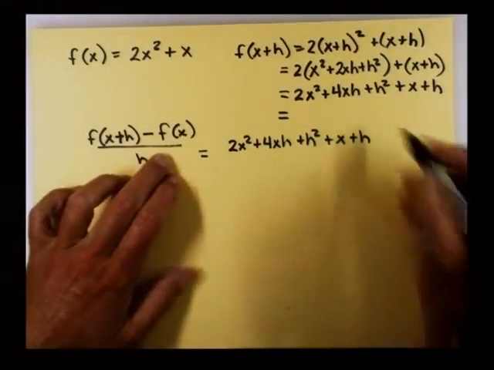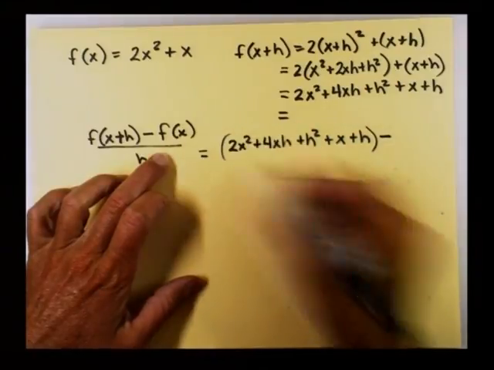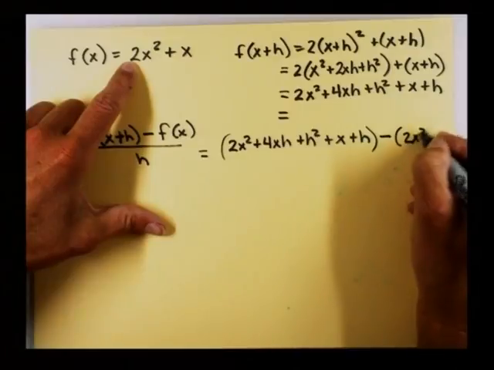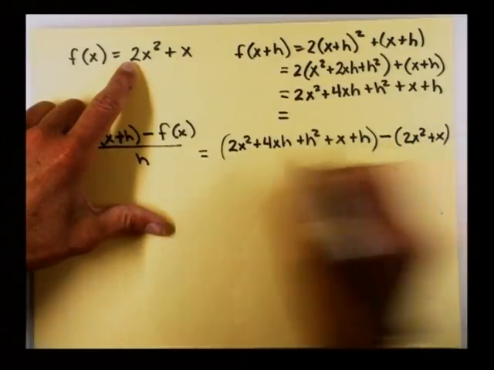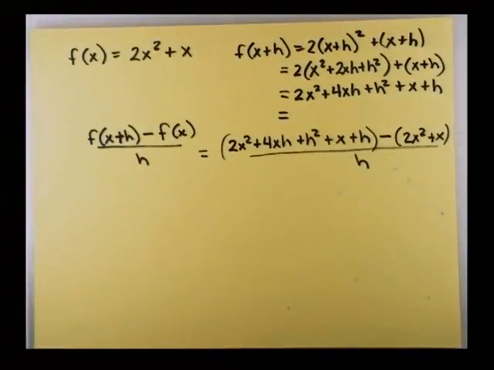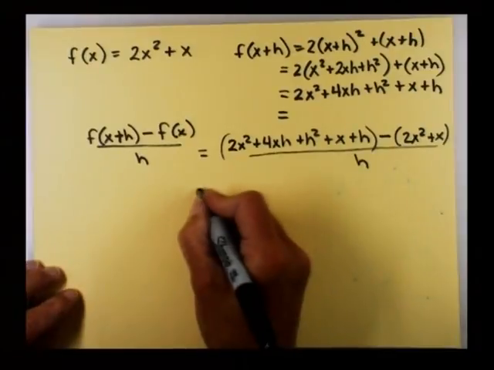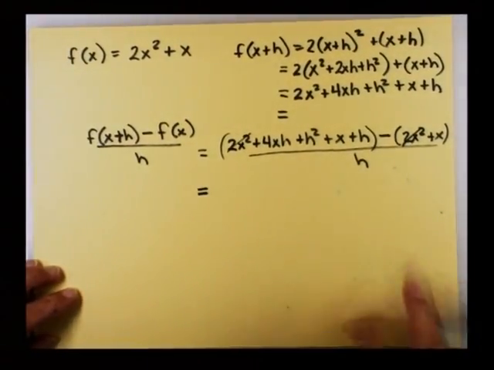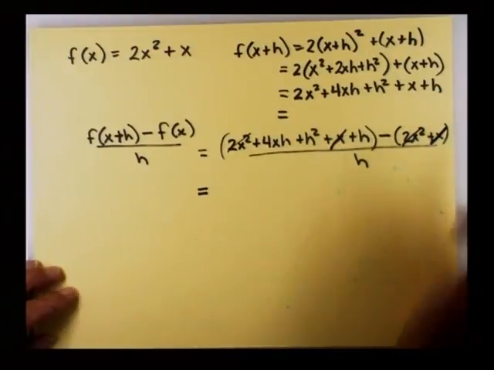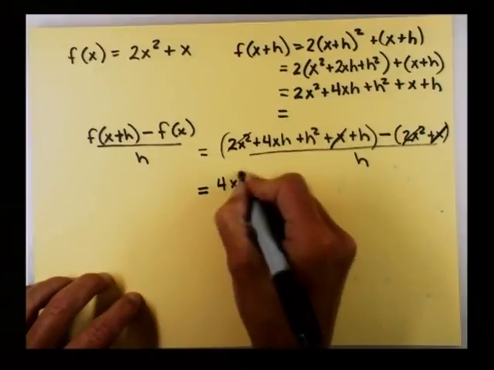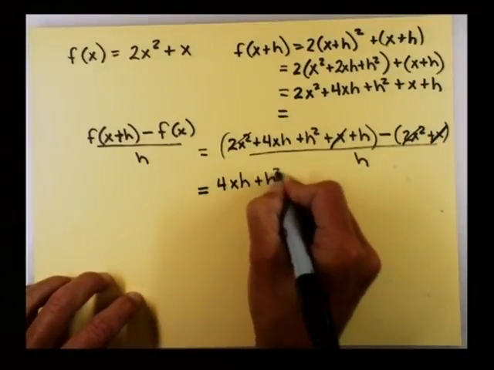And then I'm going to subtract all of this stuff, all divided by h. Now we simplify. As we simplify this, 2x squared minus the 2x squared, I have an x minus the x, and I'm left with all of this.